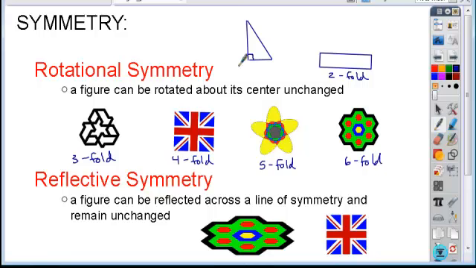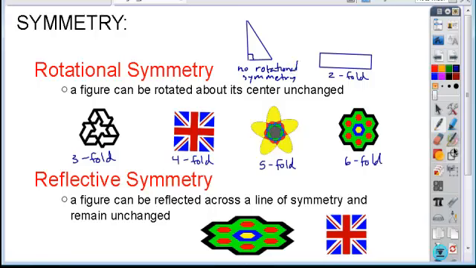No. Okay, so this would be said to have no rotational symmetry. There's no such thing as 1-fold or 0-fold, because anything would have that, right? So they're not going to distinguish it. Okay, so rotational symmetry begins at 2-fold.